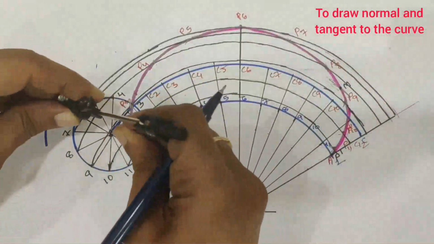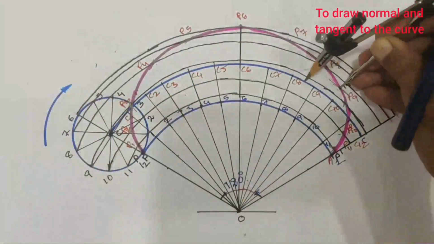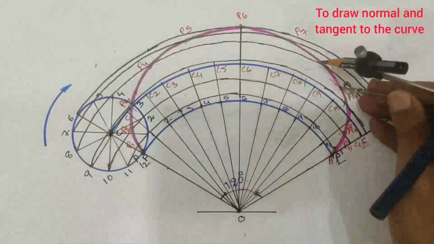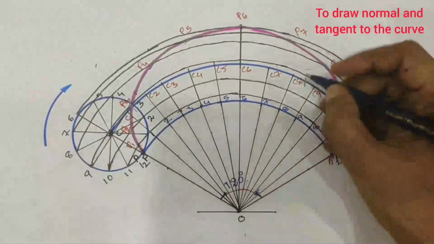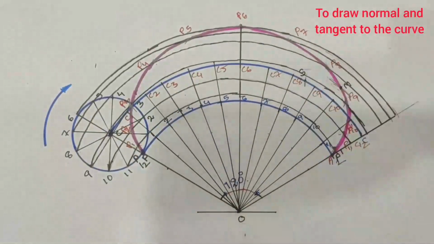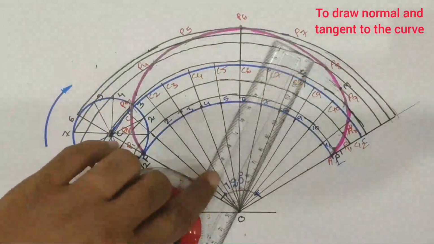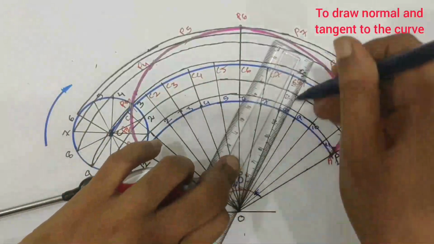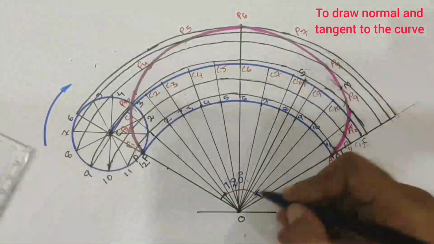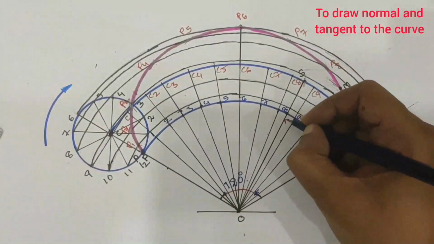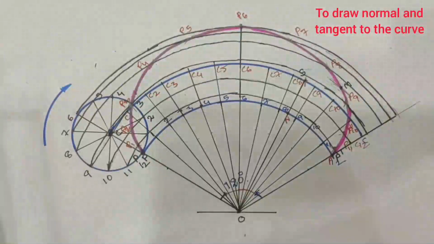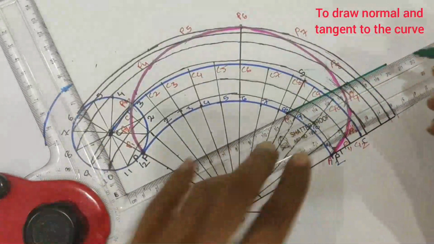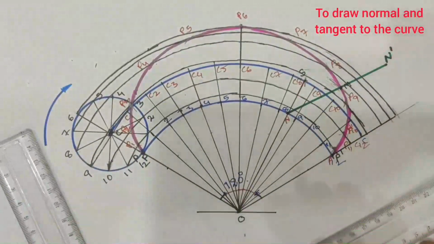Then CP, that is rolling circle radius, as a radius, M as a center, draw an arc on the locus of path arc, name the intersection point as S, then join S and O. This SO line intersects the directing arc at N, then join N and M, which is normal.